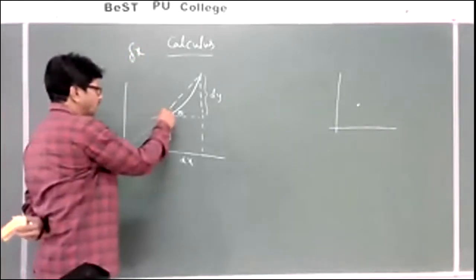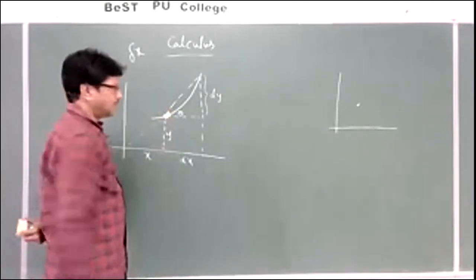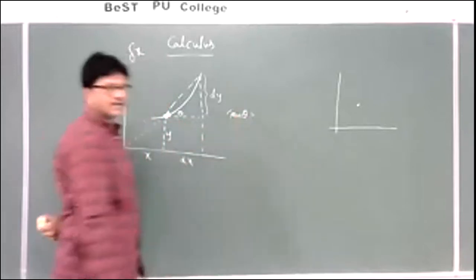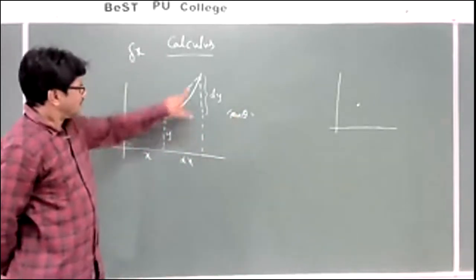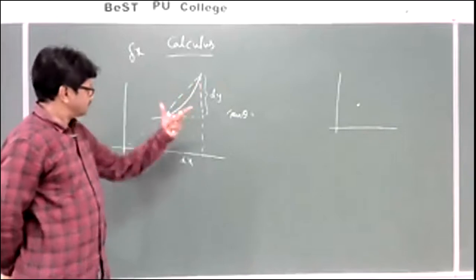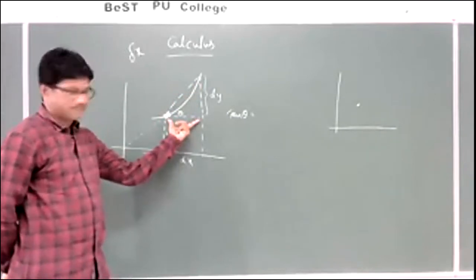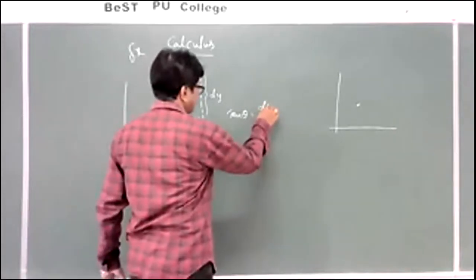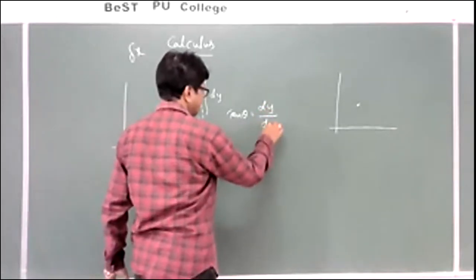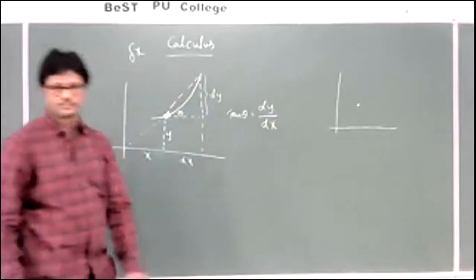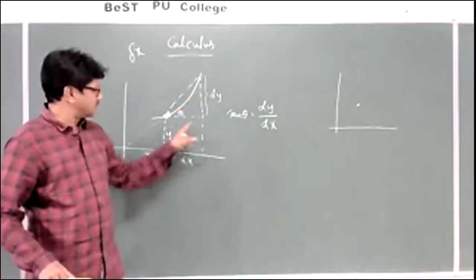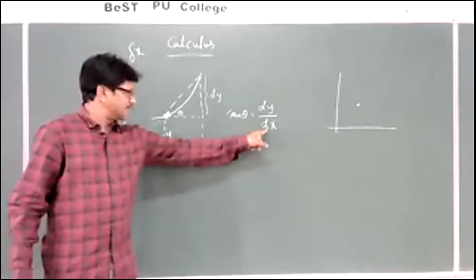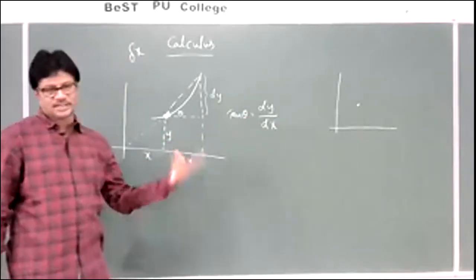Now if I want to find the slope, tan theta is equal to opposite side by adjacent side. Opposite side is dy, adjacent side is dx. dy is the small change in the y value, dx is the small change in the x value.